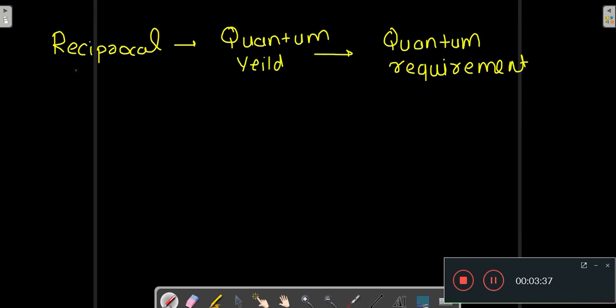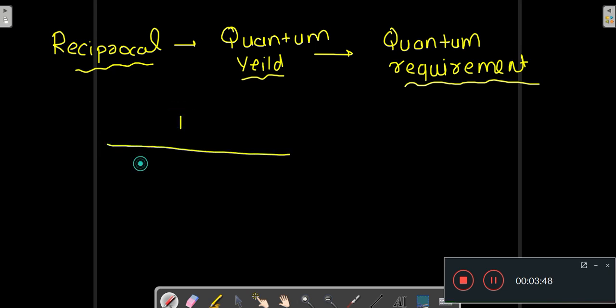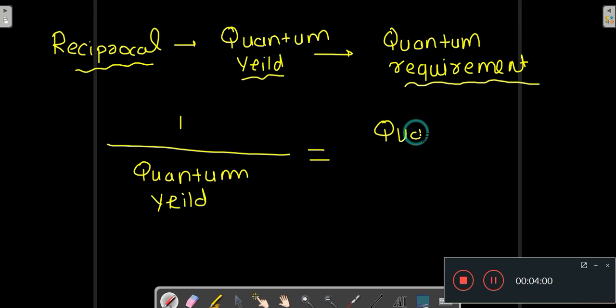The reciprocal of the quantum yield is quantum requirement. When you take the reciprocal of the quantum yield, that is 1 by quantum yield, then that is equal to quantum requirement.